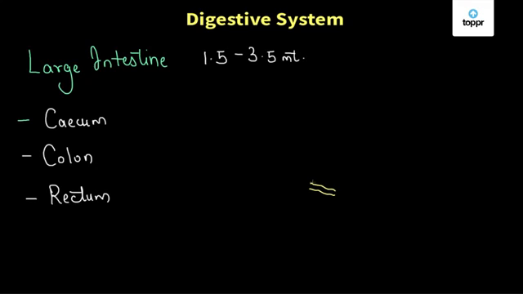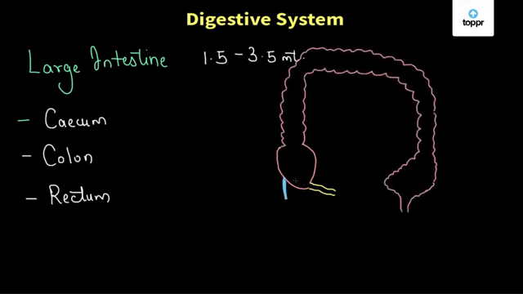Now when I am going to show you the structure of large intestine, you will notice that it has the first part which appears somewhat like this. Okay, so like I said, this is the end part of small intestine, which we call the ileum.